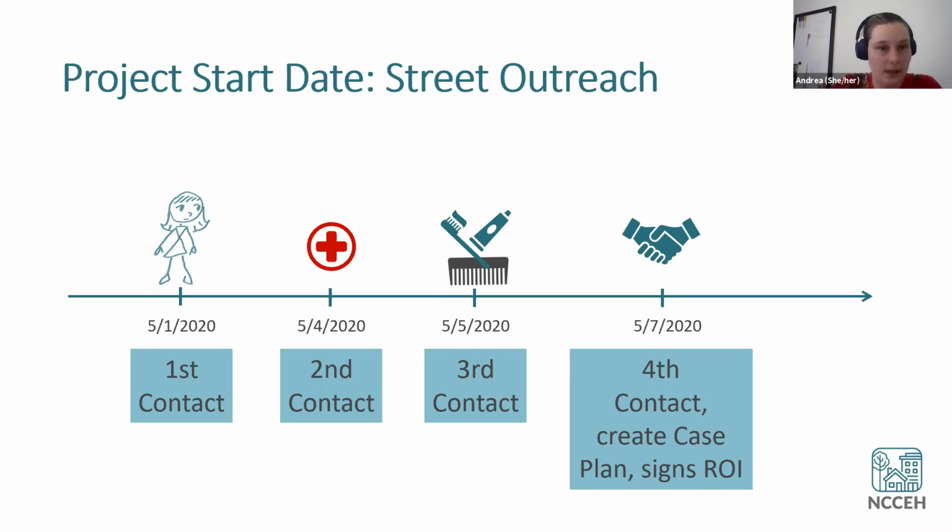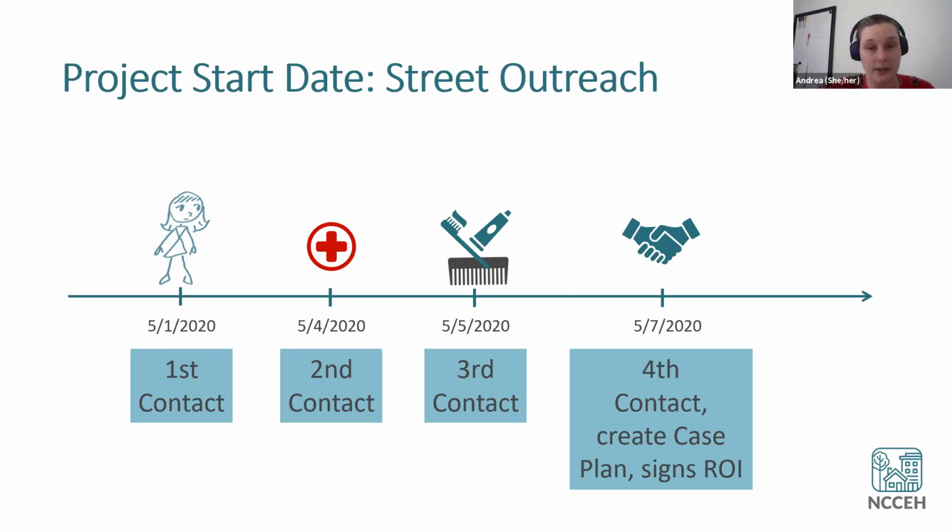We've got a couple different dates here where first Henrietta has her first contact on May 1st, and then the outreach worker is able to hear about some challenges and get some kind of basic medical supplies for her, and delivers that on the second contact, May 4th. They're still building that relationship.